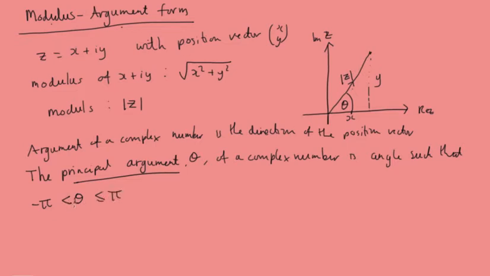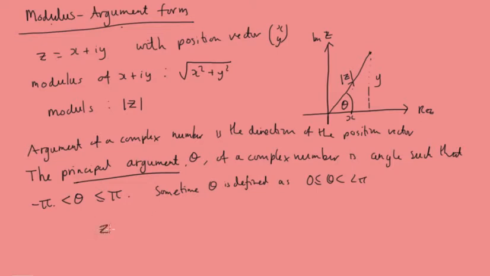So theta is going to be between minus pi and pi. Sometimes it might be more convenient to give theta in terms of, so sometimes theta is defined as 0 less than or equal to theta less than 2 pi. And theta is in radians normally.